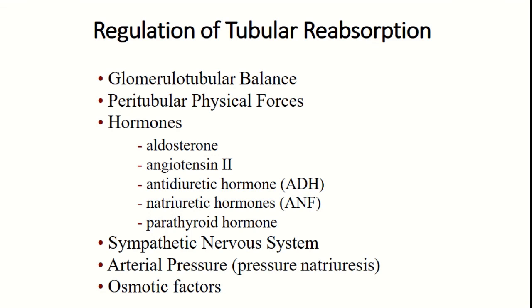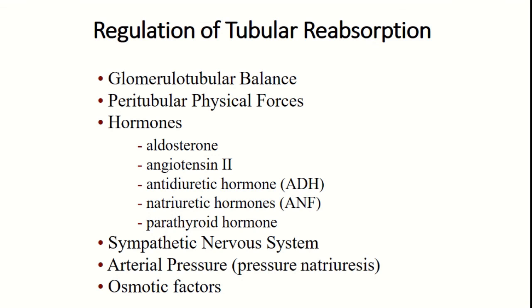Remember that the reabsorption of water across renal tubules depends on the concentration of solutes. Whenever the concentration of solutes in the tubular lumen is more, water is going to be excreted. And whenever the concentration of solutes in the tubular cells and the interstitium is more, more water is going to be reabsorbed.